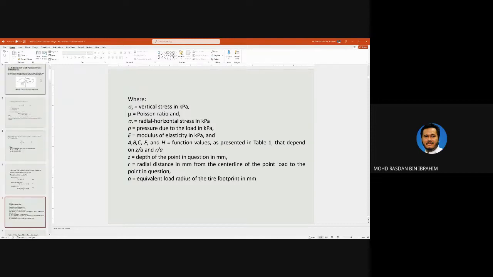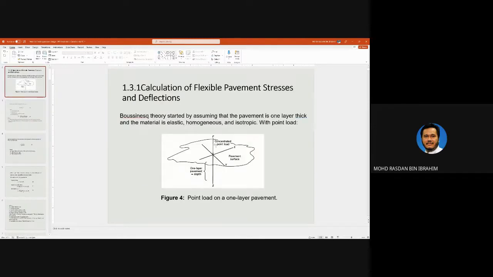For example, this is the point load. Z is the distance along the z-axis underneath the loading. And R is the radial distance, meaning that it goes somewhere here. So it goes down, but it goes either towards the x-axis or the y-axis, the radius.